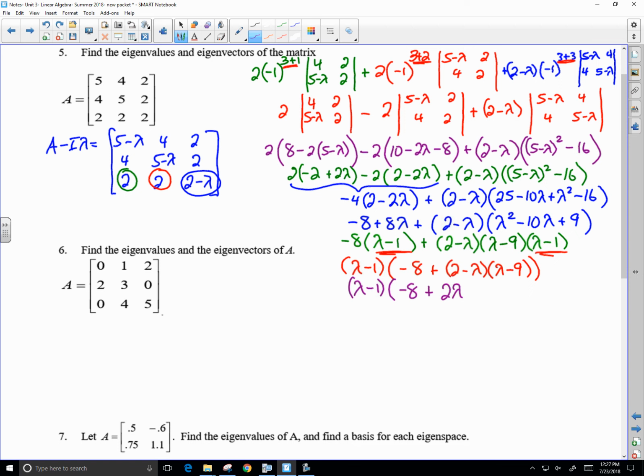-9 minus, wait, no. 2 lambda minus 18. Oh, purple. Minus lambda squared plus 9 lambda. Housekeeping.